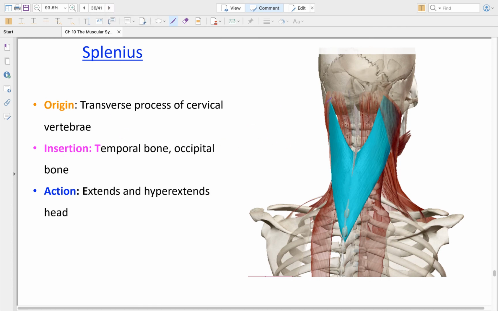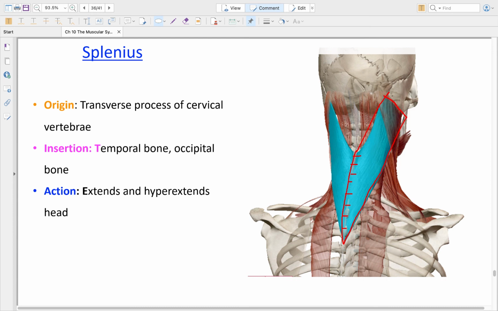Okay, the splenius is quite a big muscle. This is showing both of them, the left and the right. Now the origin is going to be the transverse process of the cervical spine. So that's going to be down here in the cervical spine. And then the insertion point is the temporal bone and the occipital bone.